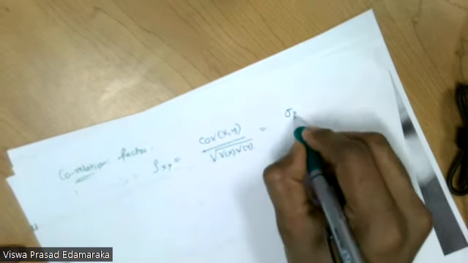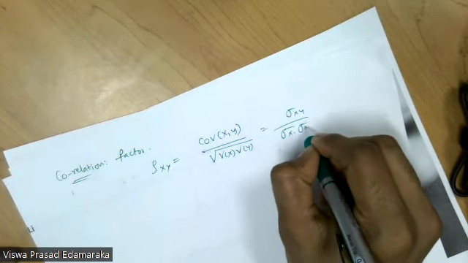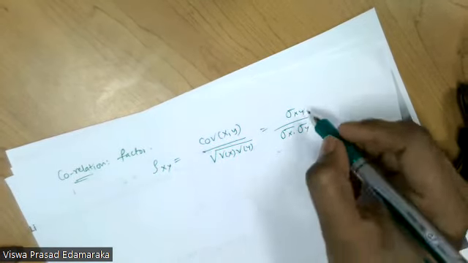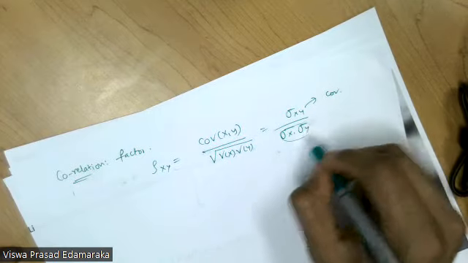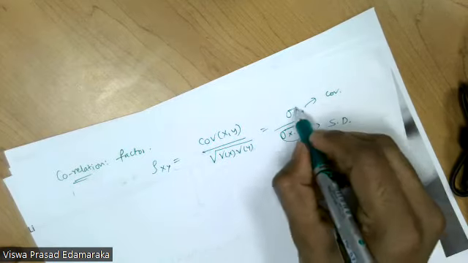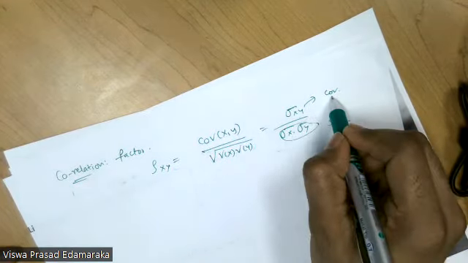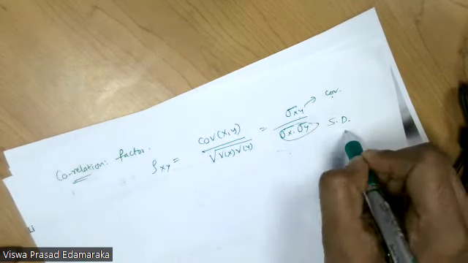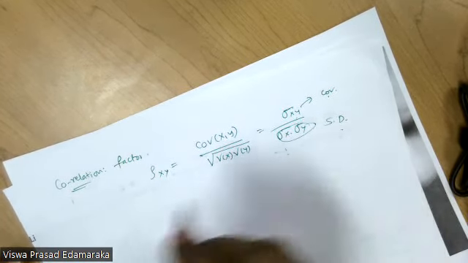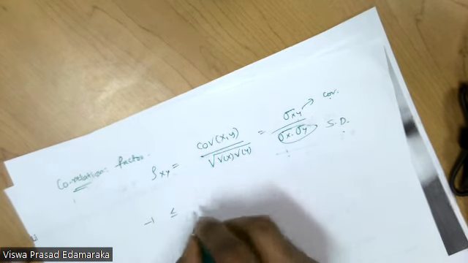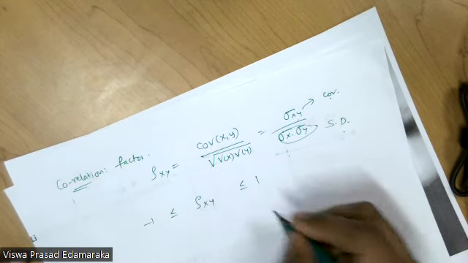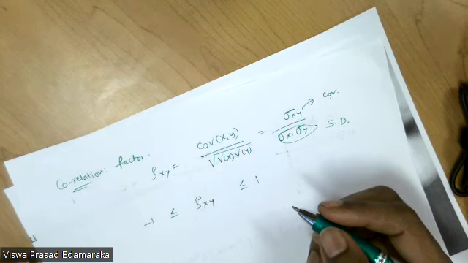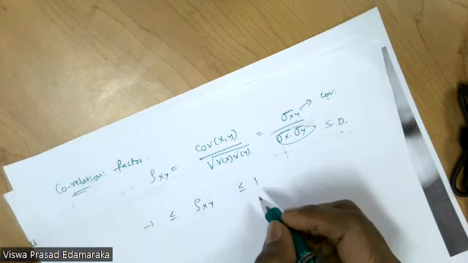Simply sigma xy by sigma x sigma y. This is covariance and this is standard deviation. Don't get confused. Generally, it lies between minus 1 and plus 1.